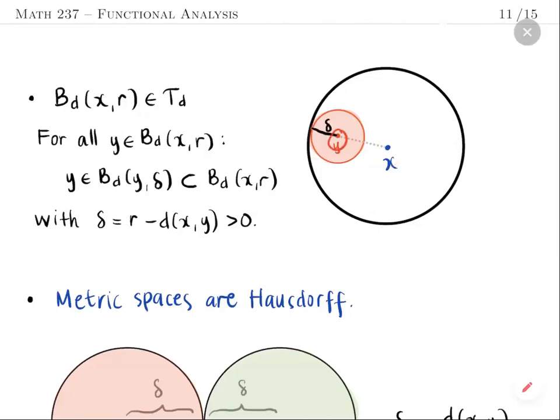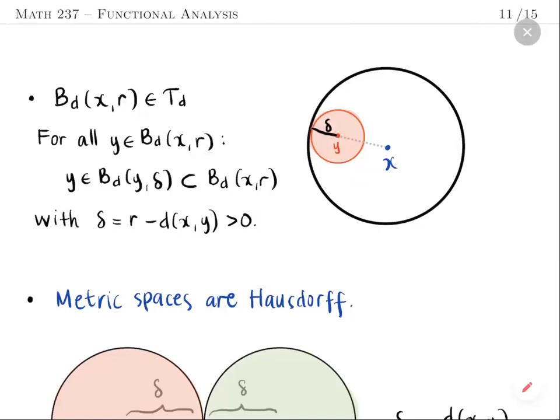Then we need to find an open ball that contains this point Y and lies entirely in the original ball centered at X with radius R. Well, what we can do is compute the distance between X and Y, and whatever the remaining distance in order to have R, we will take that as the radius of the ball, in this case colored in red.